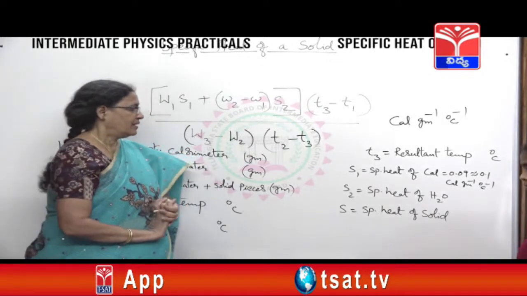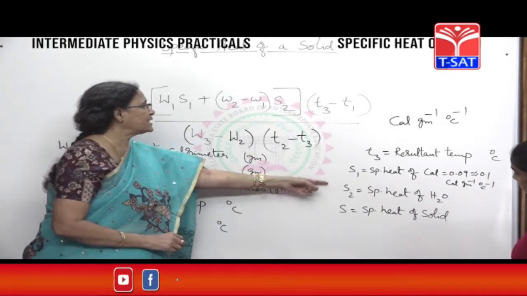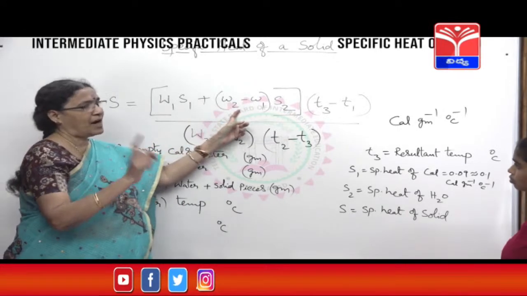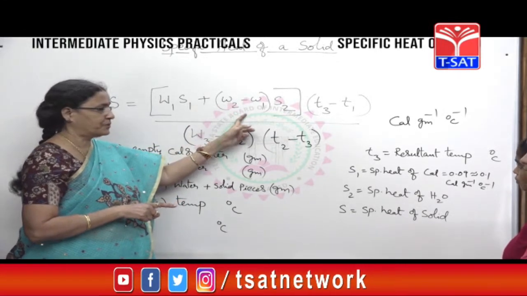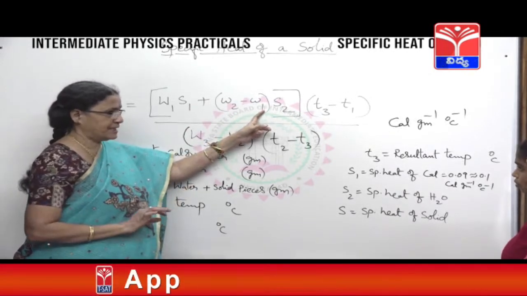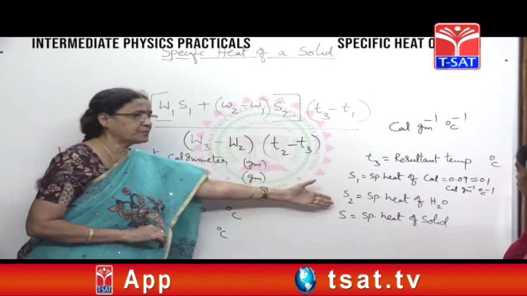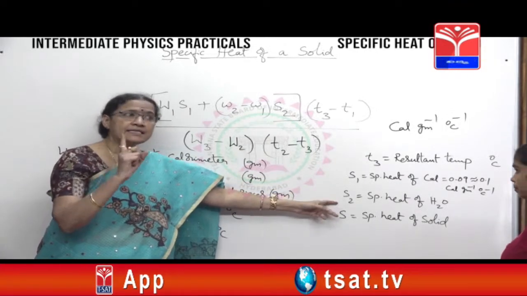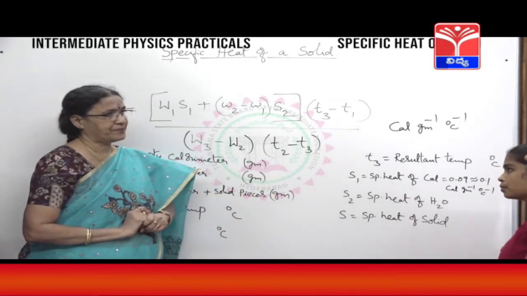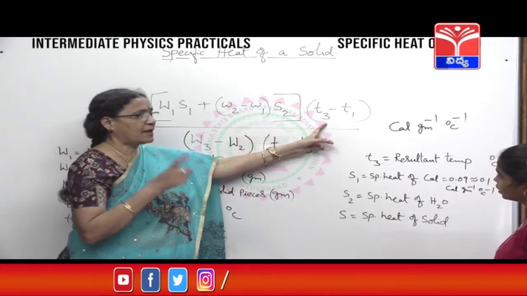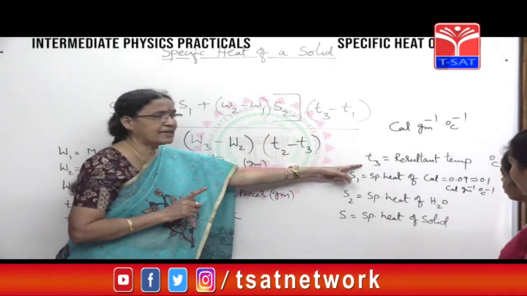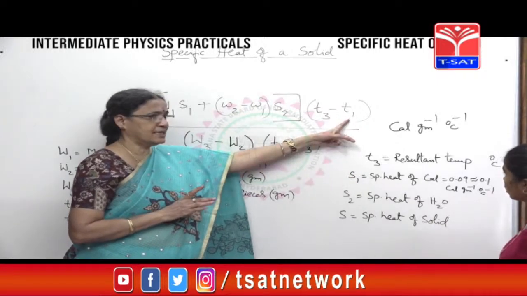Next, what is W2? Mass of calorimeter plus water. S1 I told you. W2, W1 again mass of empty calorimeter. What is S2? Specific heat of water. In CGS, its value is just 1. In SI, it varies again. T3 is the resultant temperature. T1 is initial temperature.